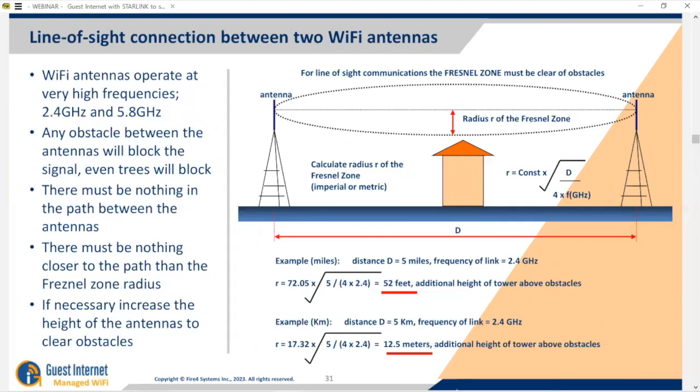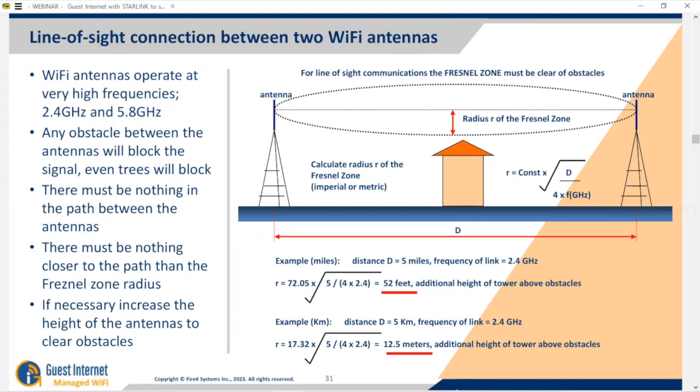When we look at the point-to-point link, it's unfortunately a technical issue that we have to consider. So if we have our line of sight, our visibility between the two antennas, we have to consider that we need actually space around that point, and that's called the Fresnel zone.